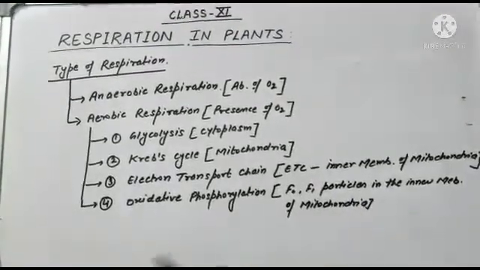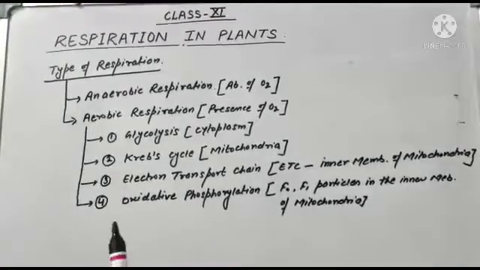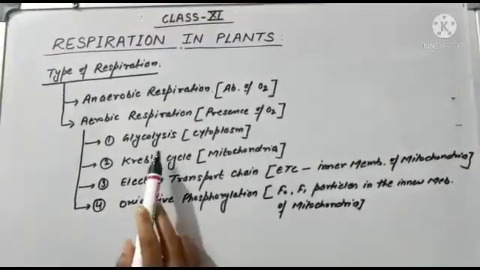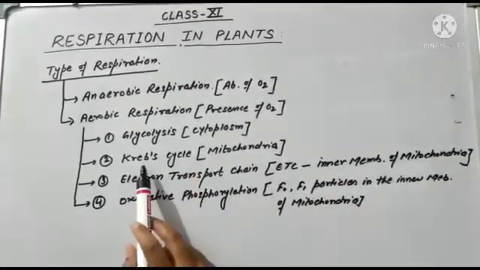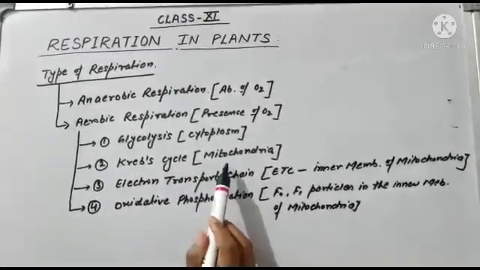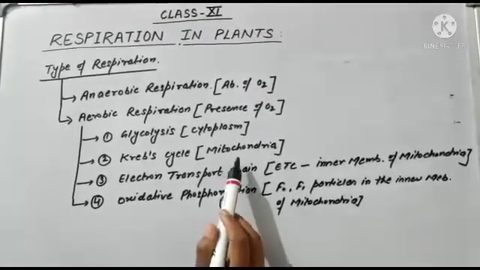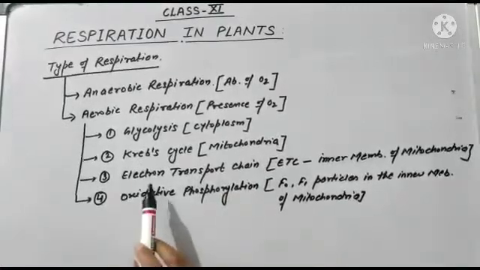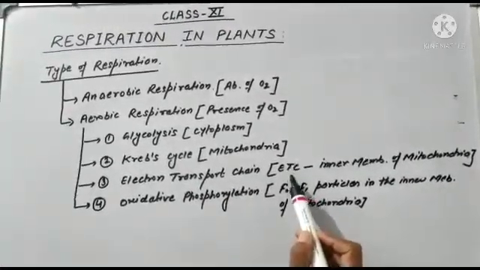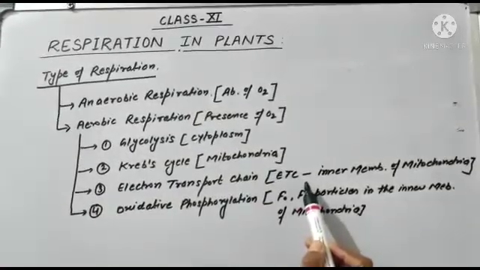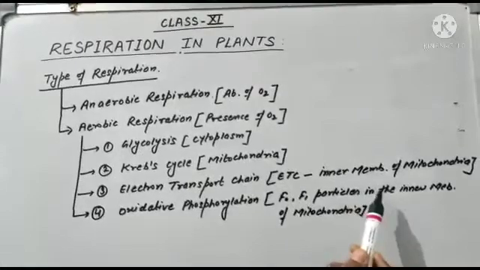So there are 4 steps which we will discuss in aerobic respiration to release the energy. The first one is glycolysis and the site is the cytoplasm. The second one is the Krebs cycle, which occurs in the organelle known as the mitochondria, also called the powerhouse of the cell. The third one is the electron transport chain system, abbreviated as ETC, and the site for it is the inner membrane of mitochondria.